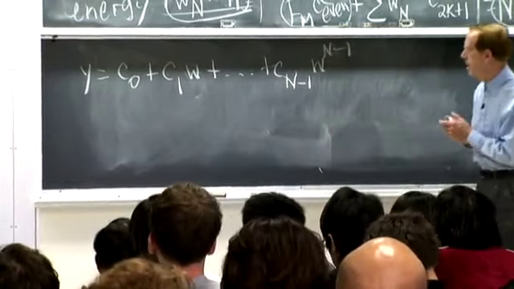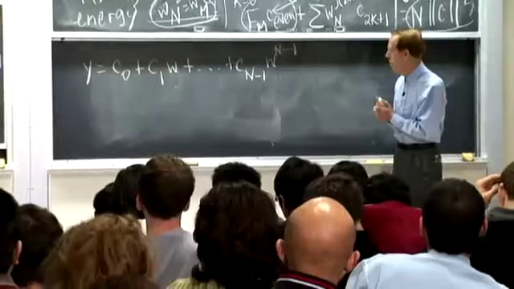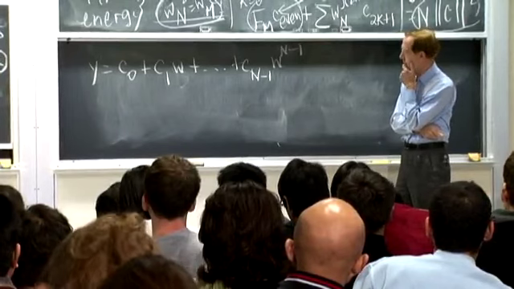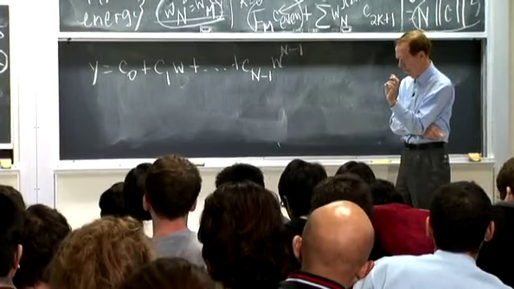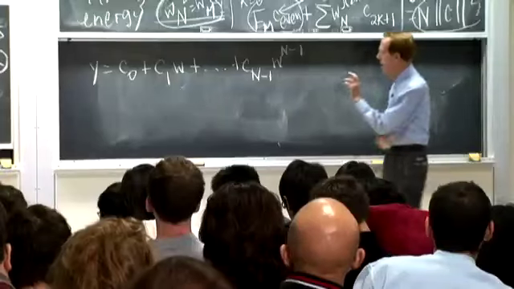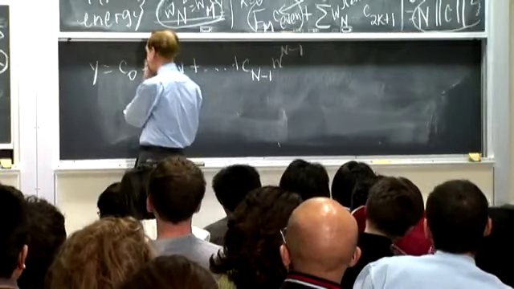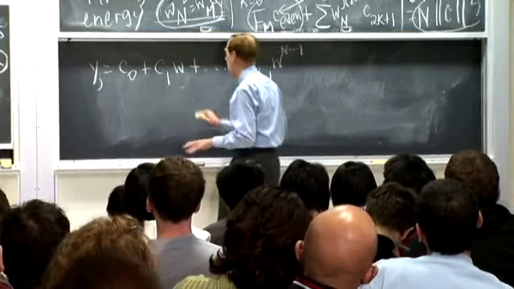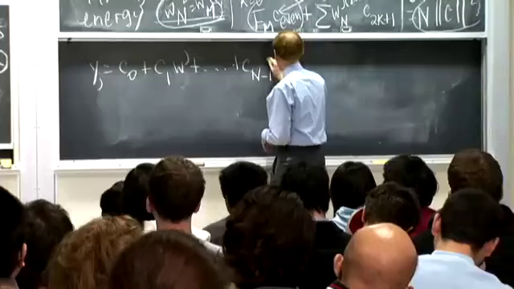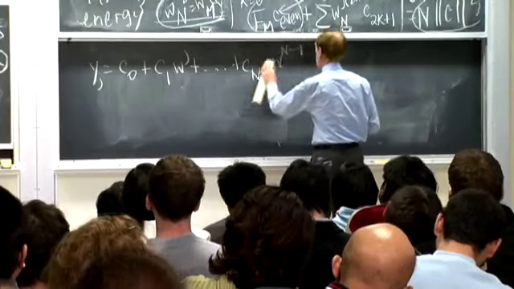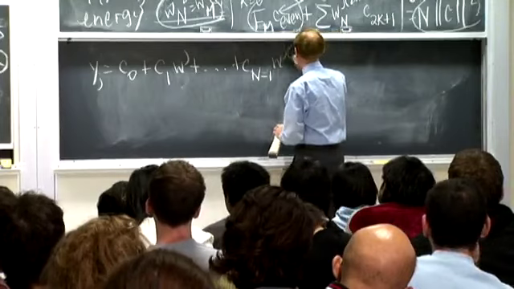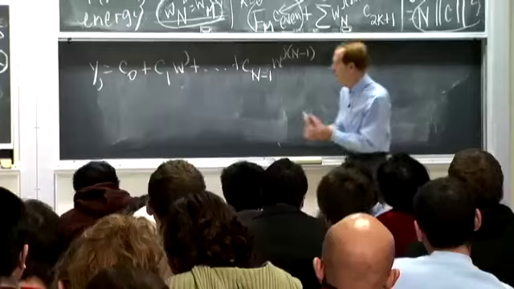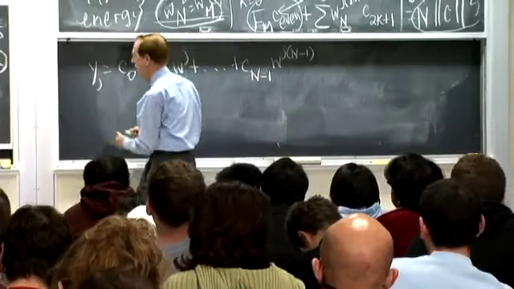I haven't got that right. I'm looking at y_j, the jth component of y, so I need a W to the j, W to the j, n minus 1. All right, and so that's my f.